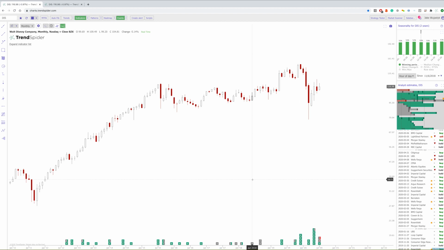The beautiful thing is you can hold these analysts and these different firms accountable and see, do these people actually know what they're talking about? By simply going here, you can see there were a couple of buy ratings in December of 2019. Wells Fargo confirmed a buy 9 months ago. Well, from that buy rating, Disney went from 150 down to almost right below 80.